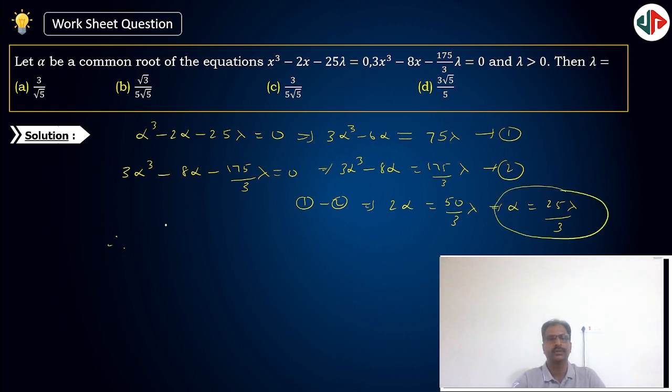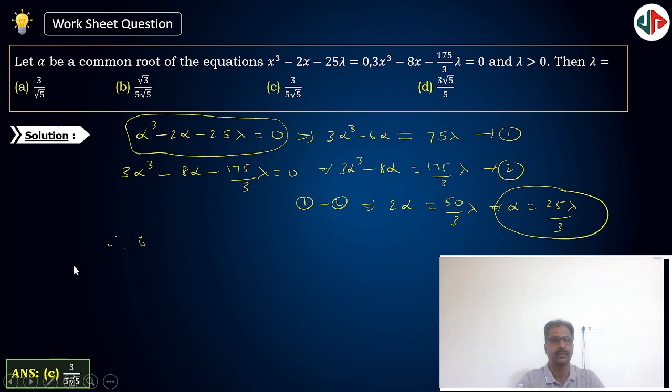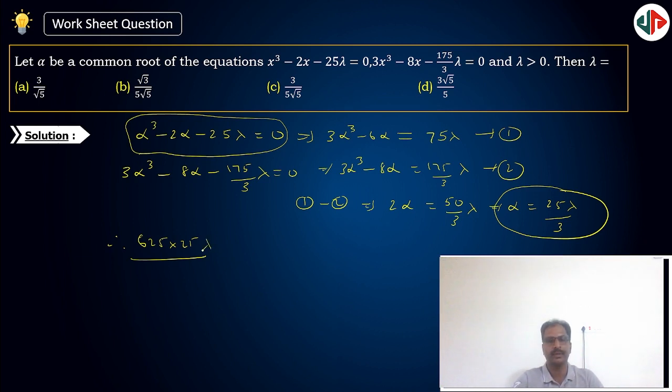Now, substitute that alpha in this equation here. Alpha cube means 25 whole cube, 25 whole cube means 625 into 25, into lambda cube by 27, minus 2 alpha, 50 lambda by 3, minus 25 lambda is equal to 0.